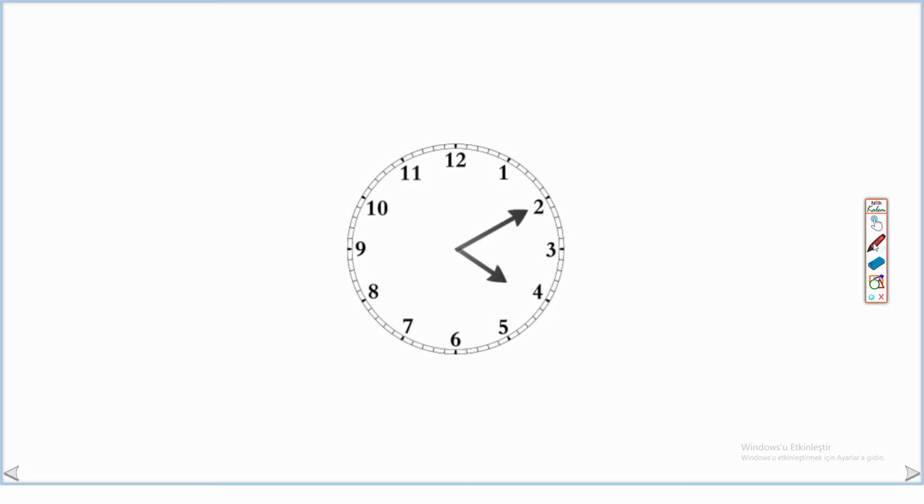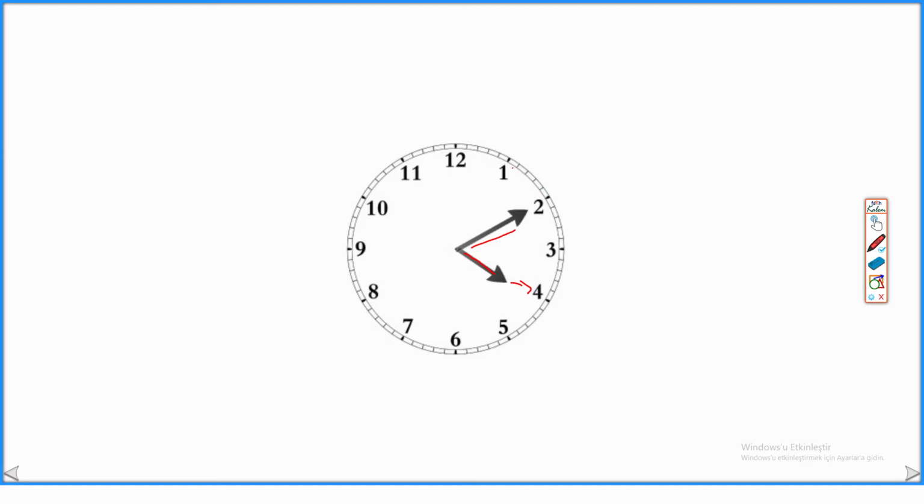For example, the clock is 4, the hour is 4, and the minute is what? The minute is what?